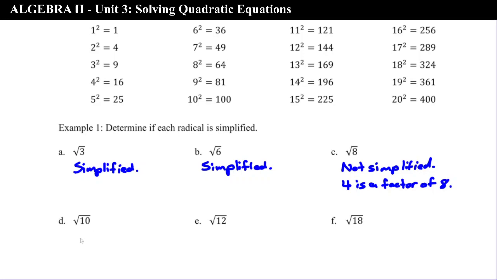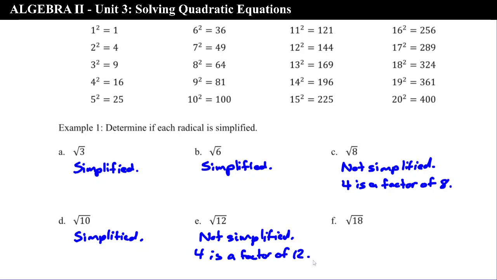For the square root of 10, we can't pull 9 out evenly, and we can't pull out 4 evenly, so the square root of 10 is simplified. Square root of 12: 4 is a factor, so it's not simplified, because 4 is a factor of 12.